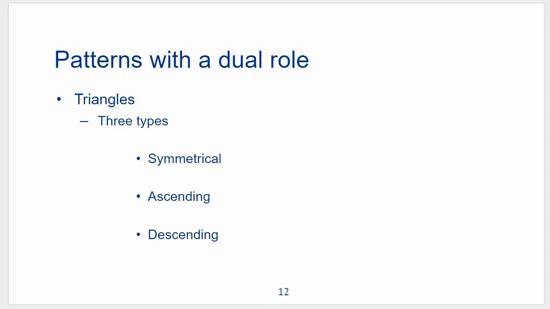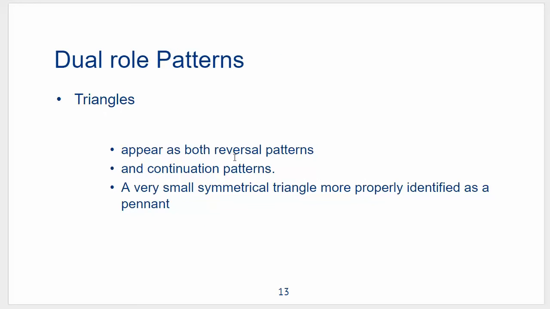There are three types of triangles: symmetrical triangles, ascending triangles, and descending triangles. And when we draw the barriers of them, they tend to form slightly differently. Triangles can appear as both reversal patterns or continuation patterns, but they do tend to be continuation patterns.